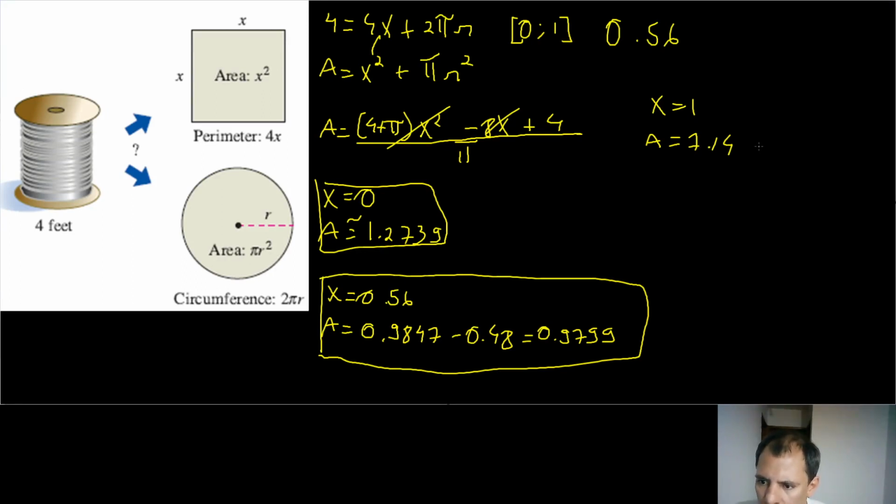Minus 8 plus 4 is minus 4. So this equals 3.14. Something's wrong again. I'm going nuts here, guys. Yeah. I'm just forgetting about one thing. You still gotta divide the whole thing by pi.